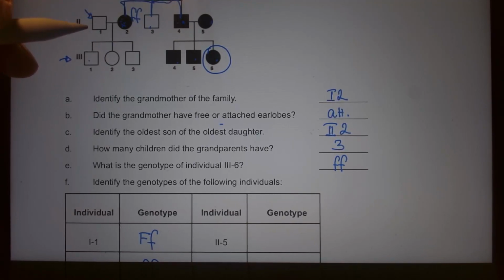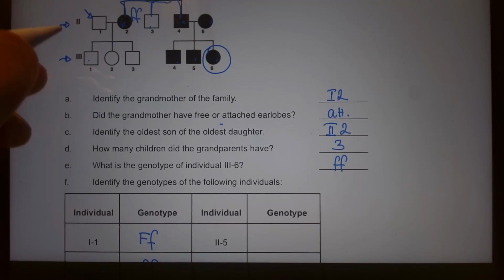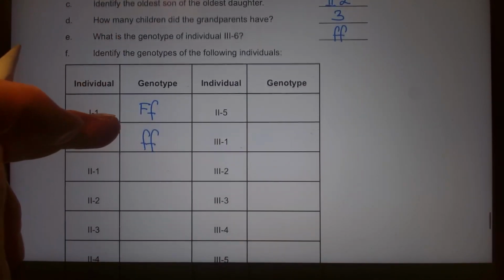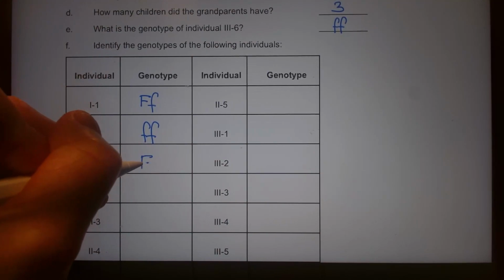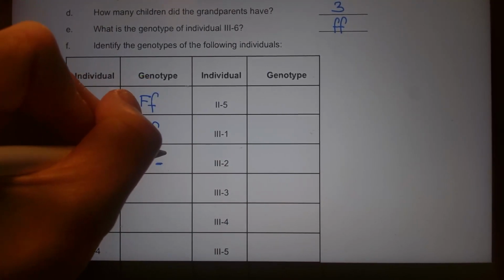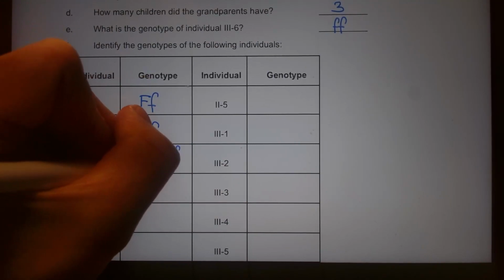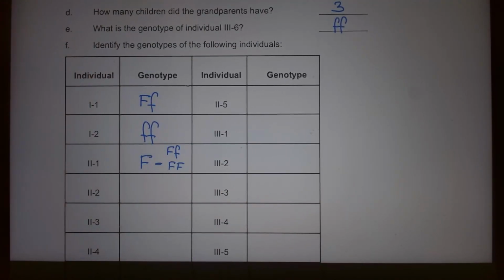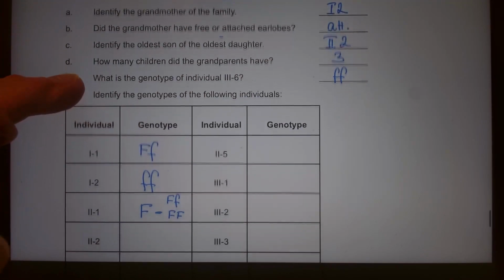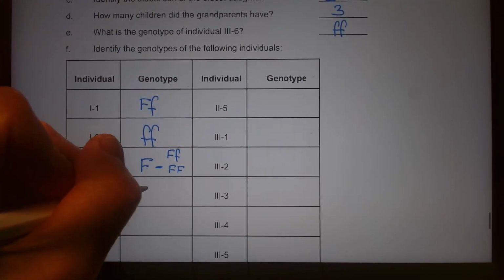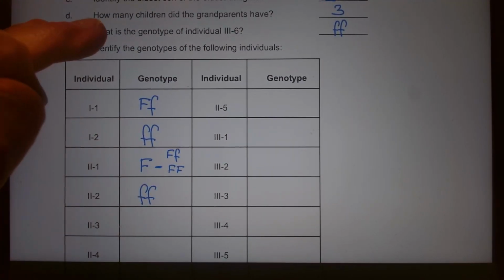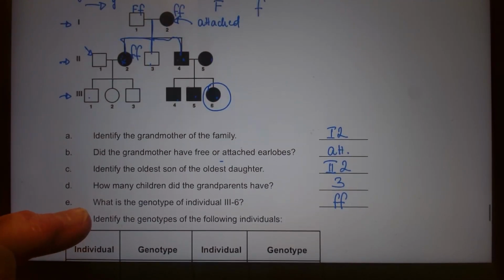It can be heterozygous too. So we are going to write a capital F and a negative sign that represents a heterozygous organism or homozygous dominant organism. 2, 2, we just mentioned this is going to be homozygous recessive.